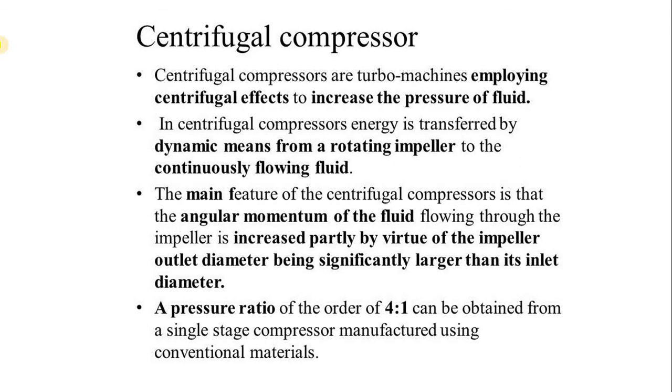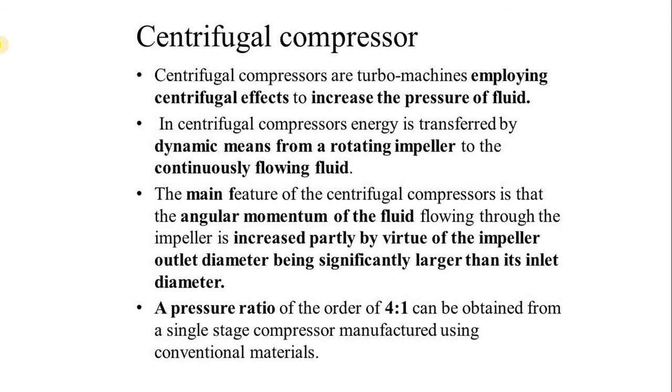Okay, so the meaning of this third sentence is we are designing a casing in such a manner that the area of the cross section continuously increases from inlet to outlet in order to increase the pressure. The last thing is that a pressure ratio of the order of 4:1 can be obtained from a single stage compressor manufactured using conventional material.